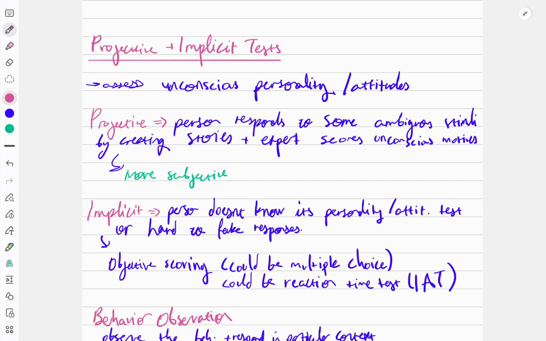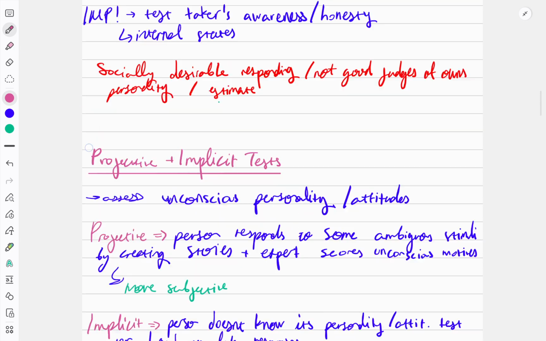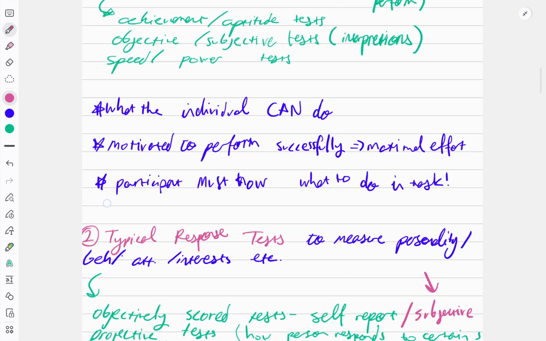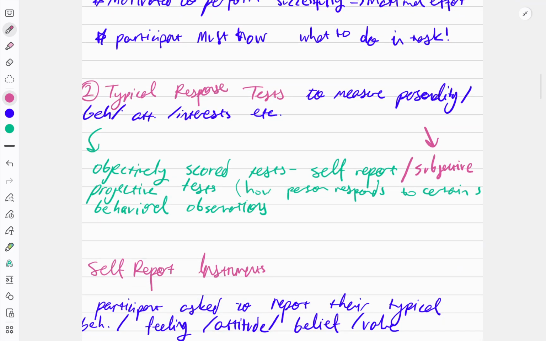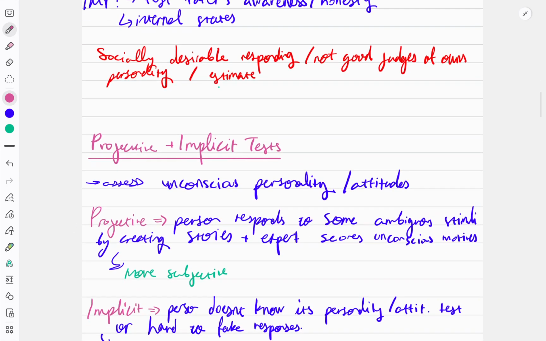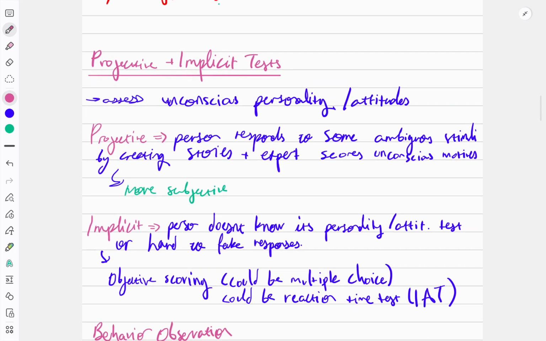And in projective tests, I have talked about this earlier. In the typical response test, we have said that typical response tests can be projective. And here in projective implicit tests, they are done to assess unconscious personality and attitudes.